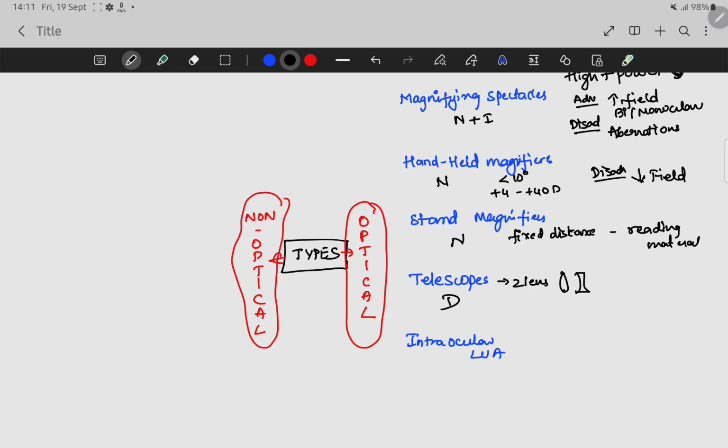It causes a virtual erect magnified image. The disadvantage is that there is less field of vision and the depth perception is not there.